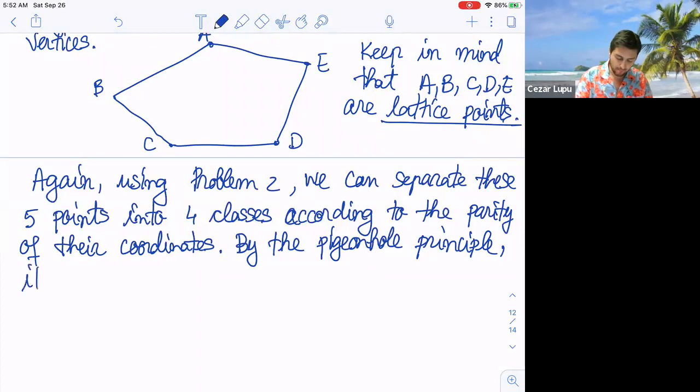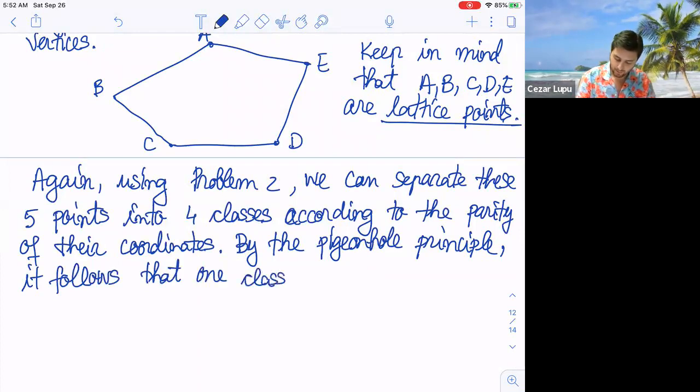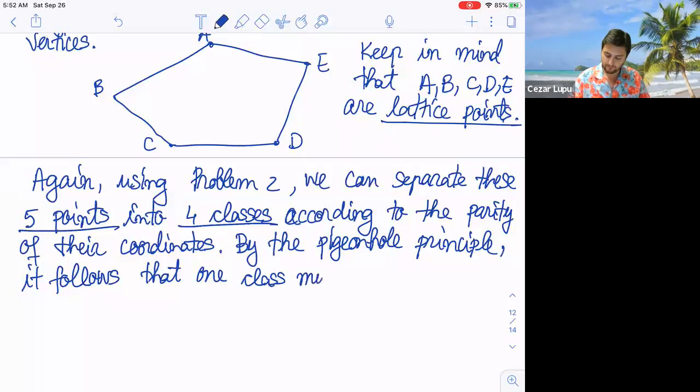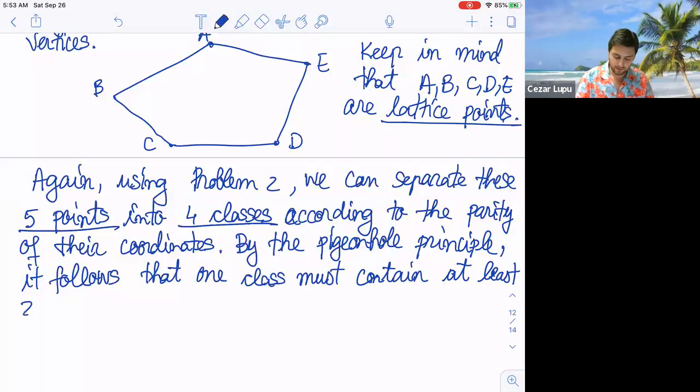it follows that, given my 5 points in 4 classes, one class must contain at least 2 vertices.